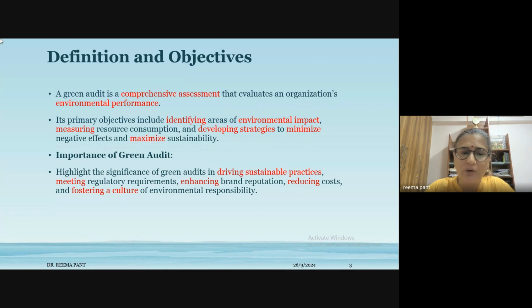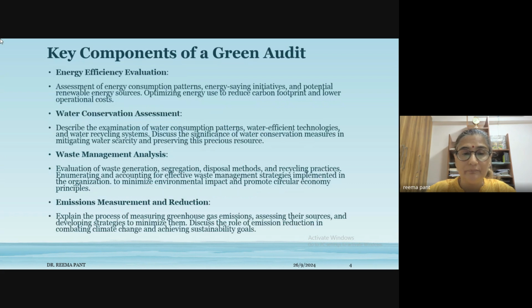So by a green audit, we not only bring our regulations into place and say how we can save our resources, but we also enhance our brand reputation. We reduce the running cost of a place, and we make a very good culture of environmental responsibility, because it's everybody's responsibility.